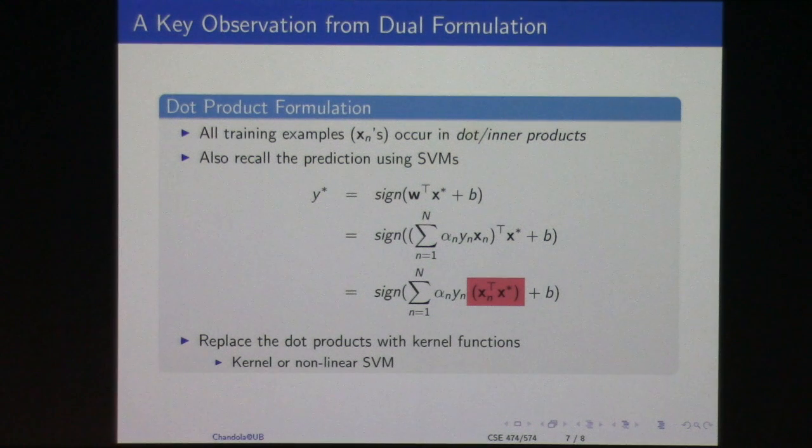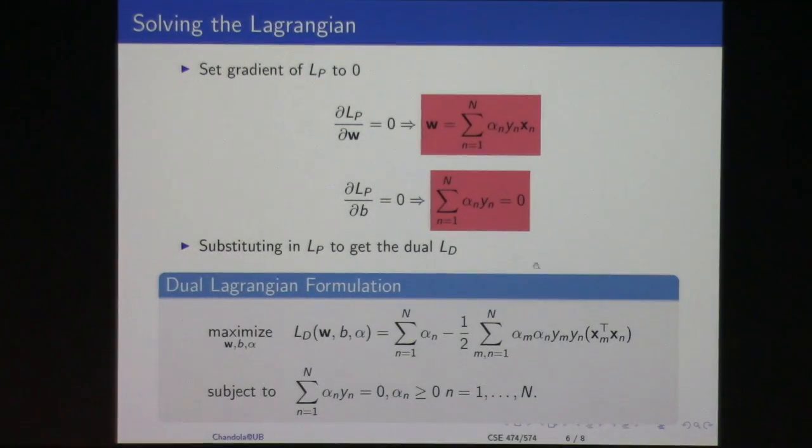That is another beauty of SVMs. If you take up any implementation of SVMs, you will see that they never give you W, because you don't really need W. All they will produce are the alphas, the Lagrangian multipliers, because that's all you need to learn to predict.